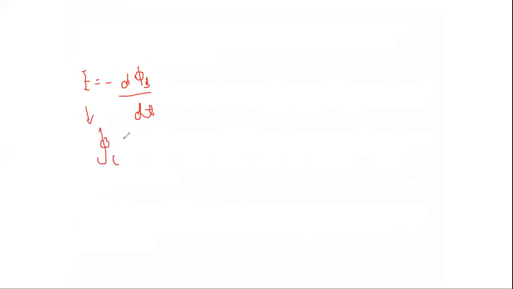See this one carefully, because perhaps I missed it in the slide, but this is very, very important: the closed line integral of E dot dl is equal to minus d by dt of the surface integral of B dot ds. Yes or no? If any doubt, you may ask me.